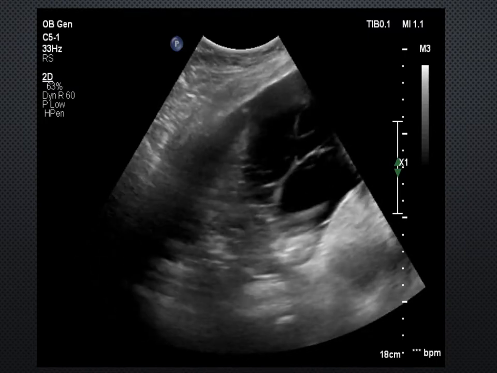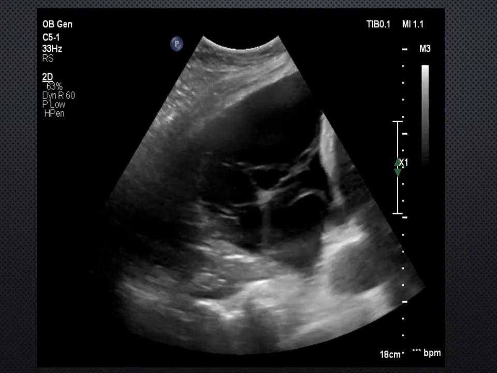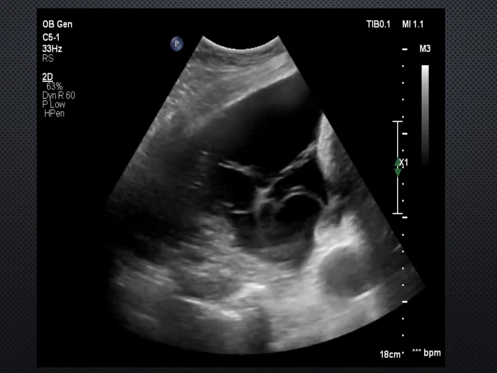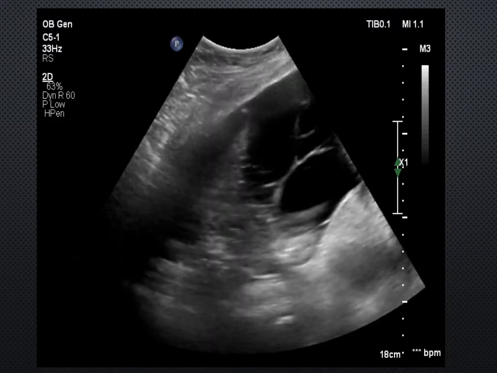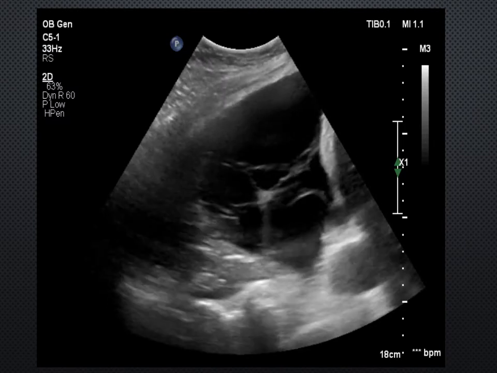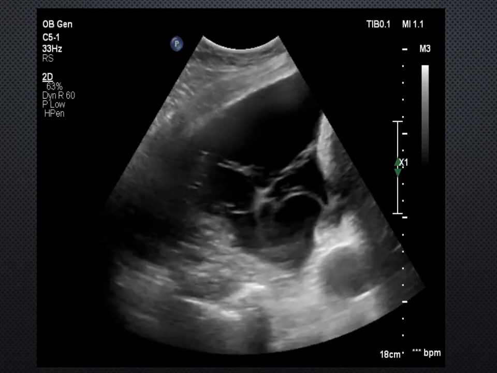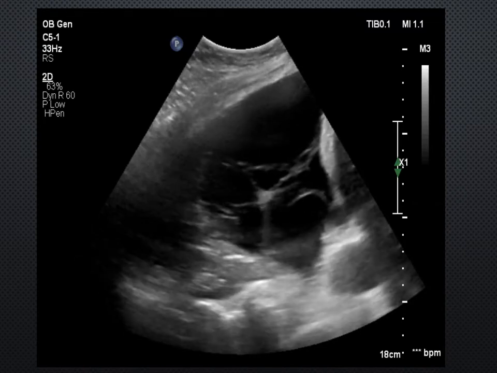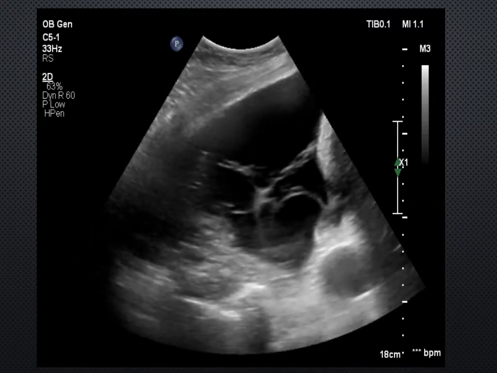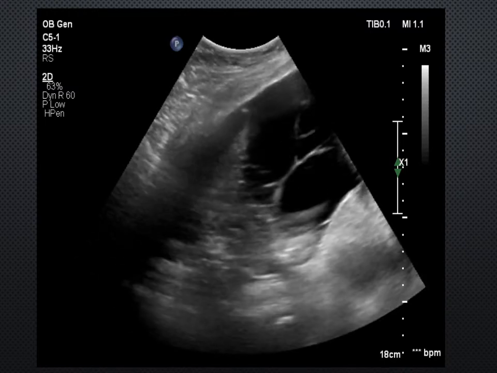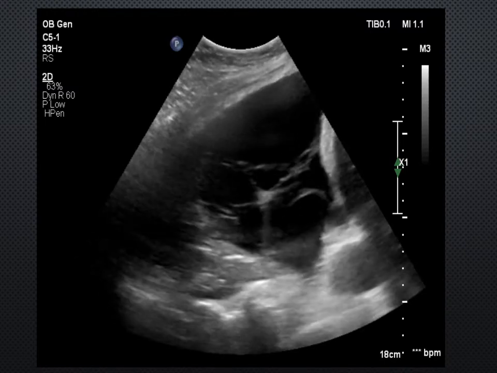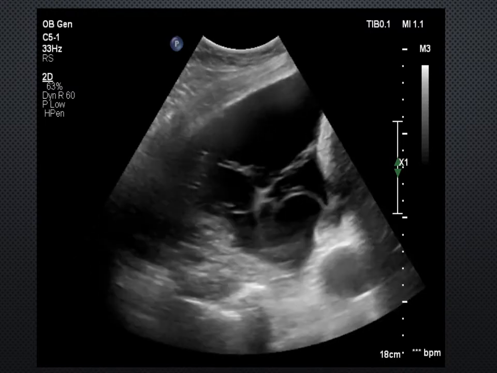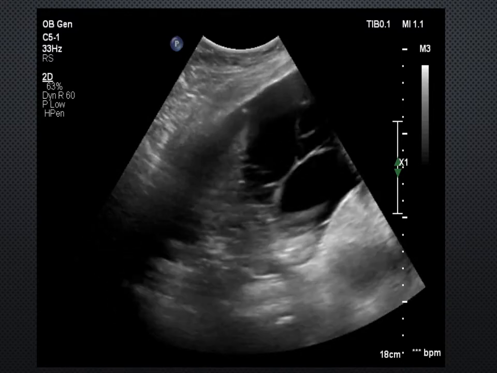And then we've got these well-formed septations that are kind of floating around in the pleural effusion that we're seeing below. A little bit more difficult to start to drain these because you'll find that some of the fluid stays within those pockets of the septations. So it can be a little bit more tricky and it can cause some complications with adhesions and things long term for those patients.